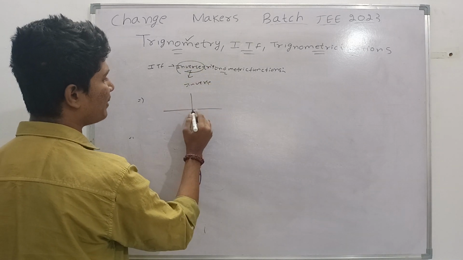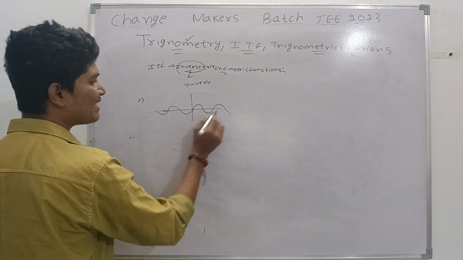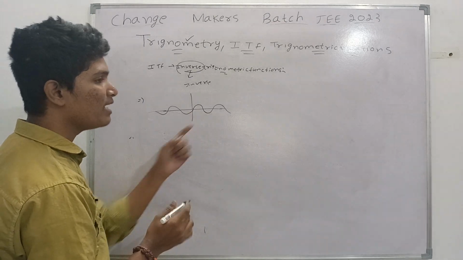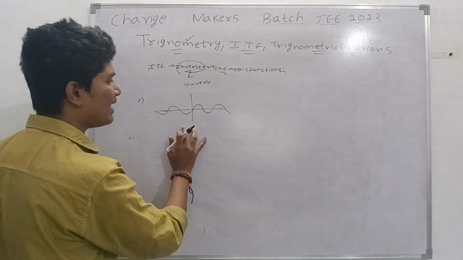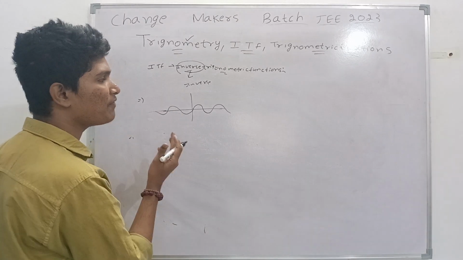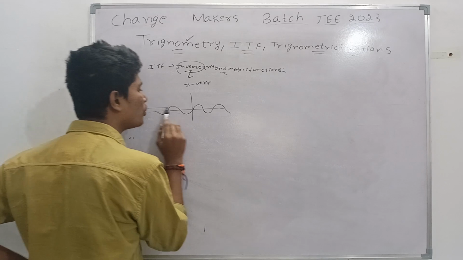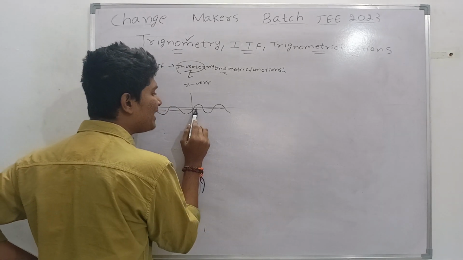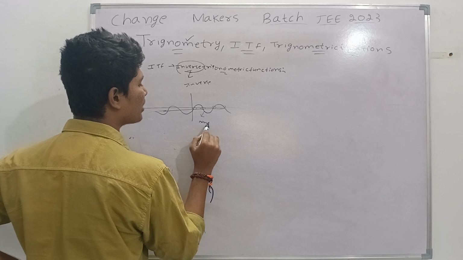If we see the trigonometry, suppose we take sin x, the graph of sin x is like this. I already explained the complete function properties. Is this a 1-1 function or many-1 function? To check whether it is 1-1 or many-1, you have to draw a horizontal line. If it meets the curve at more than 1 point, then it is called a many-1 function and not 1-1.